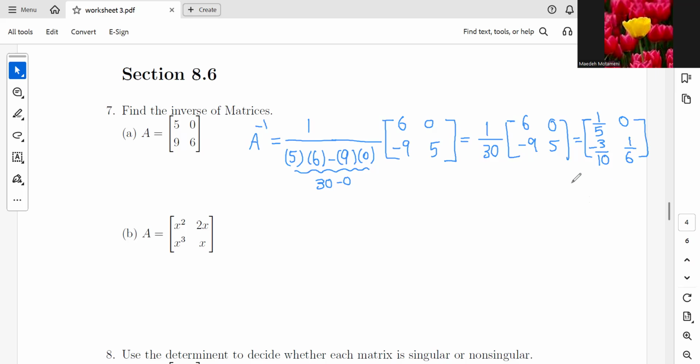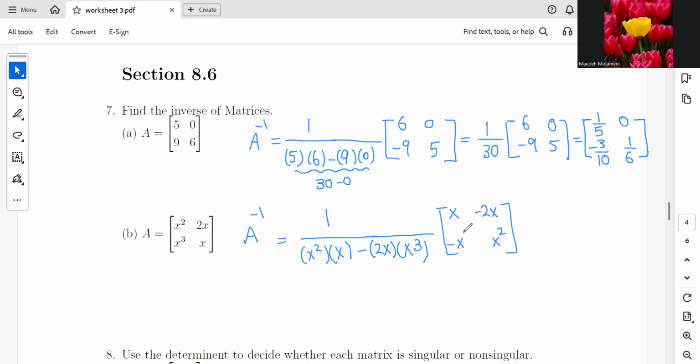Same process for part B, but the difference between part B and A is that for A we have numbers, for B we have letters, variables, and it doesn't matter. So A inverse will be 1 over x squared times x minus 2x times x cubed, multiplied by a matrix where you change the position of x and x squared as you see here, and you would write the opposite of 2x and x cubed here.